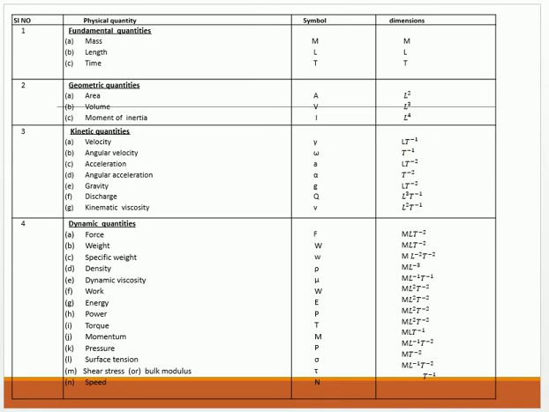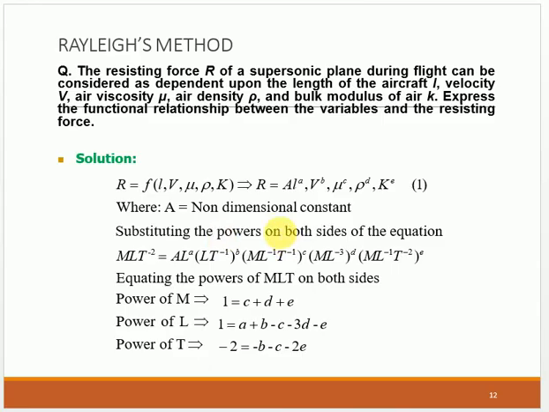While solving a problem, we have to derive these derived quantities before substituting them. Then for mu, it's the dynamic viscosity.